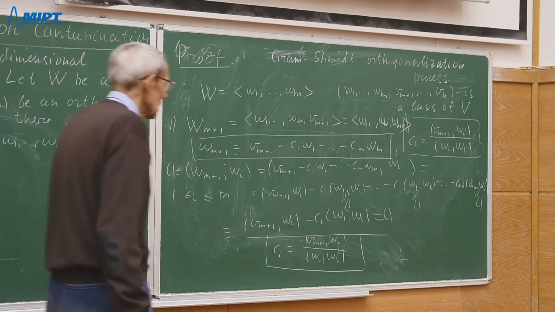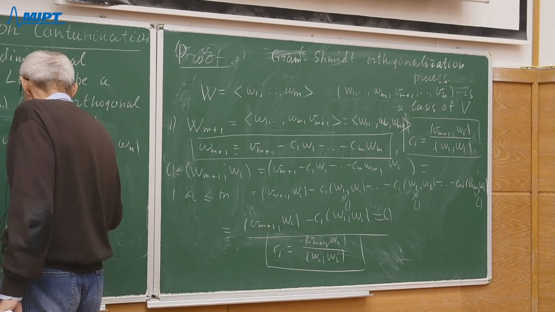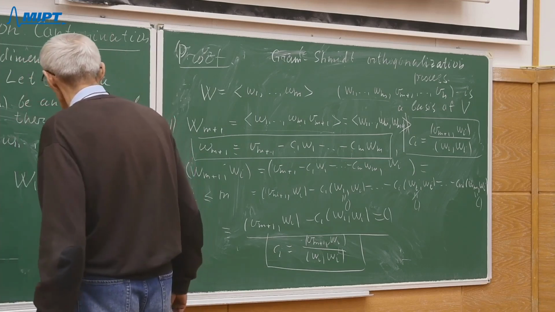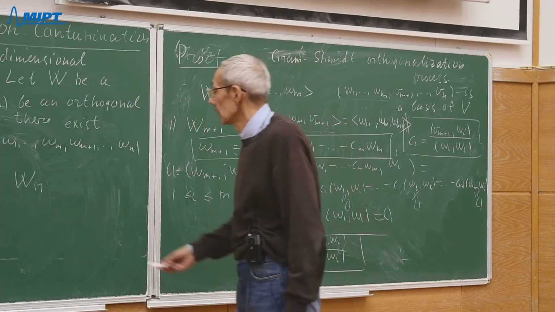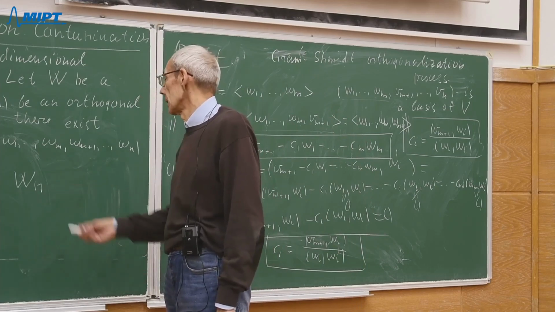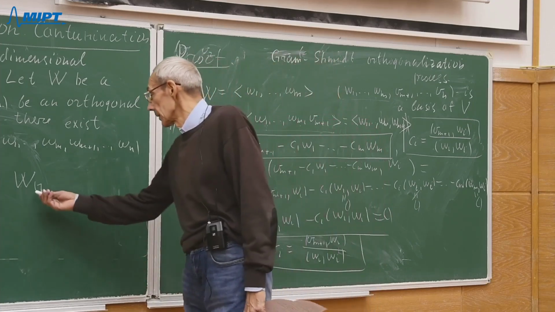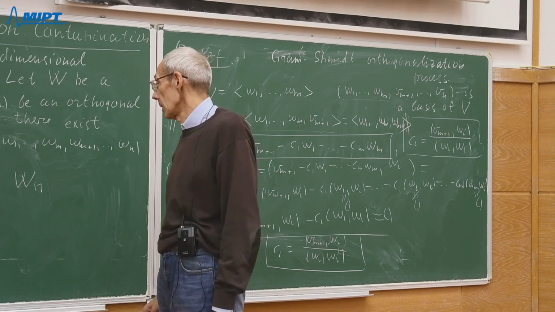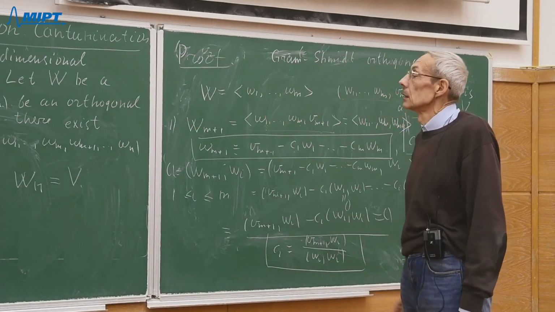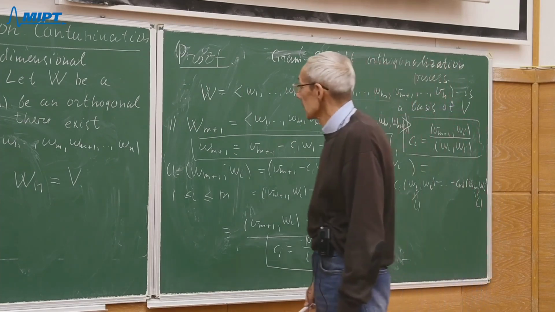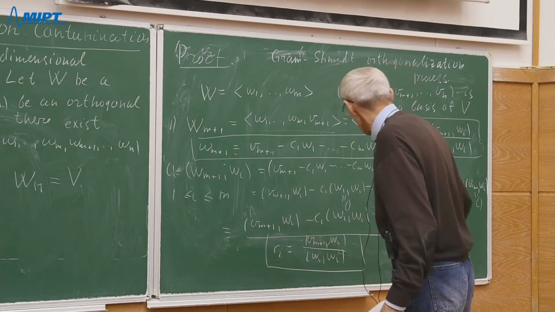After n minus m steps, we obtain the subspace W_n, which has a dimension equal to n, and this is a subspace of our vector space, and therefore this subspace coincides with our vector space V. And so we obtain the orthogonal basis in the whole vector space V. And the theorem is proved.